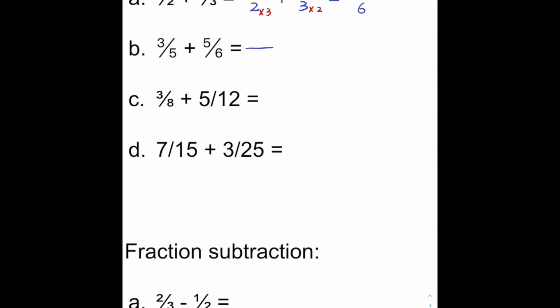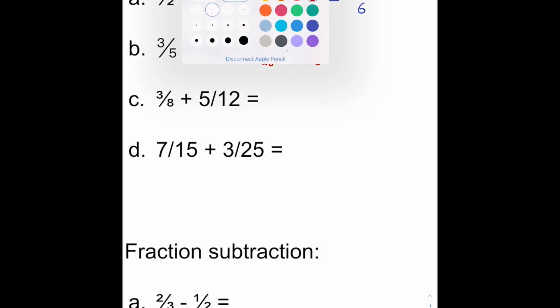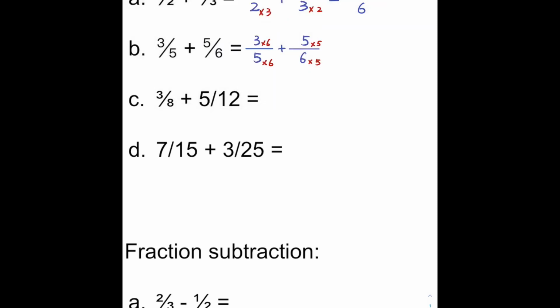Okay, this one we first have 5, 3, 6, and it is not the same. We will find the common denominator, and the bottom times a number, the top will times the same number, equal 30.